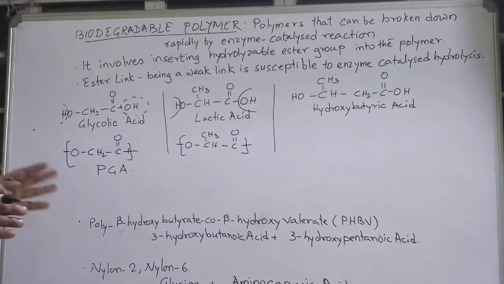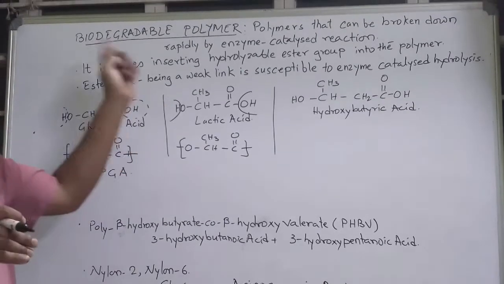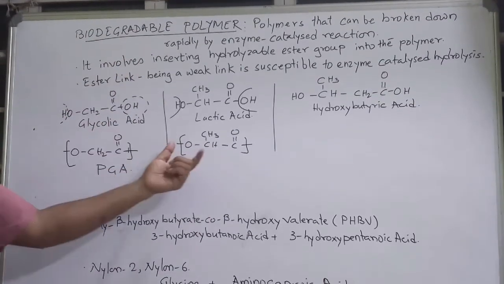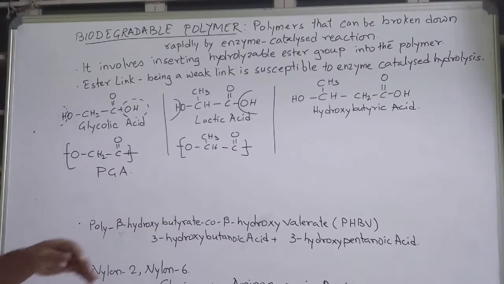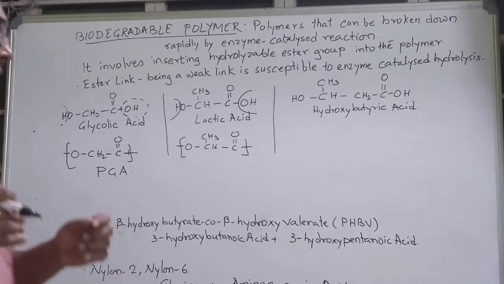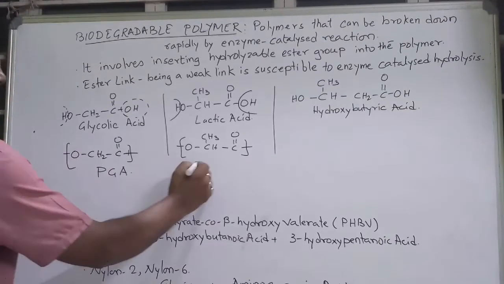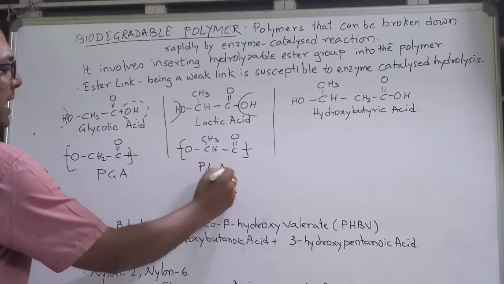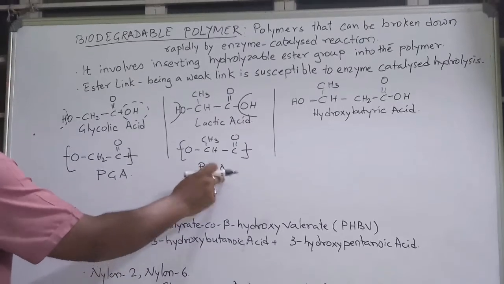When we join it together in the polymers, being a weak link, it can be hydrolyzed easily by the enzyme coming out from the microorganisms, and this is what we call PLA. This is polylactic acid.